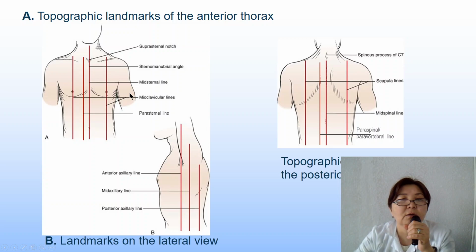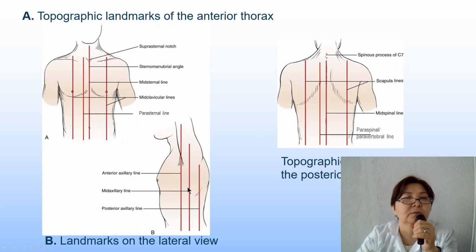Topographic landmarks of the anterior, posterior, and lateral sides. At anterior side of thorax, first mid-sternal line, then parasternal line, mid-clavicular line.